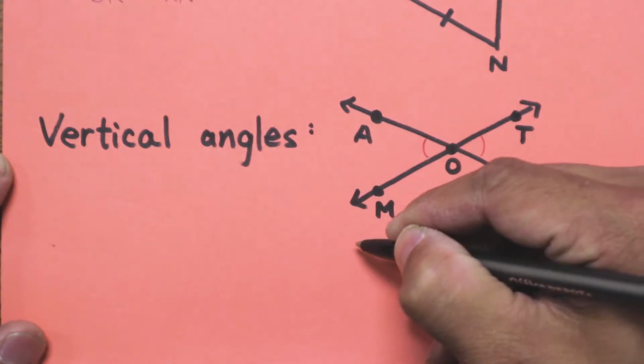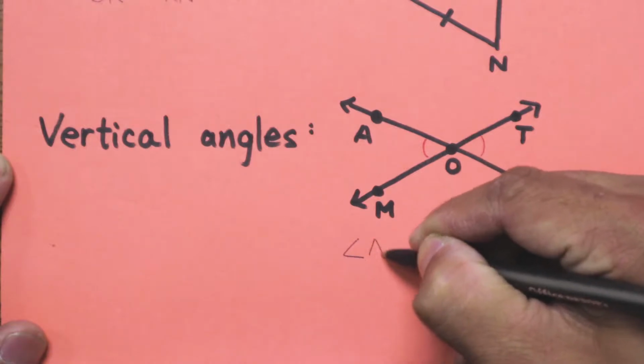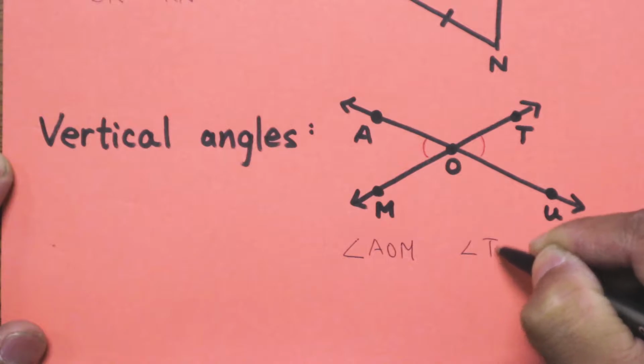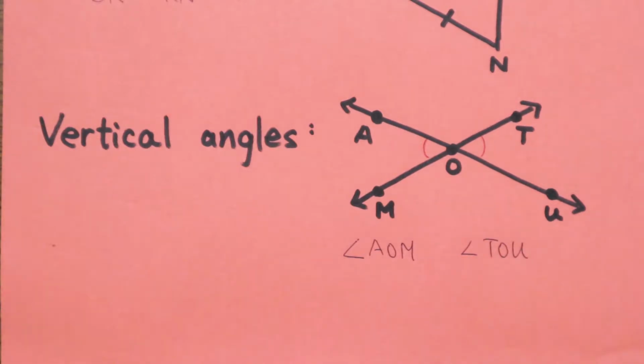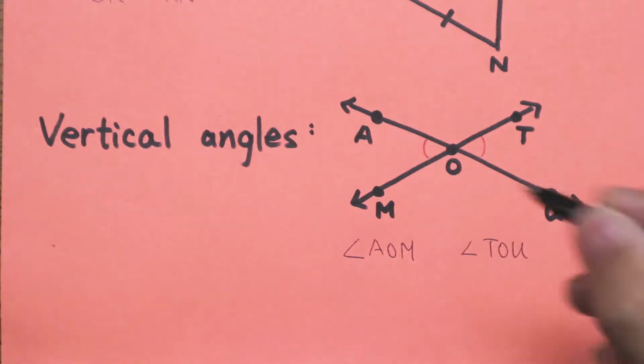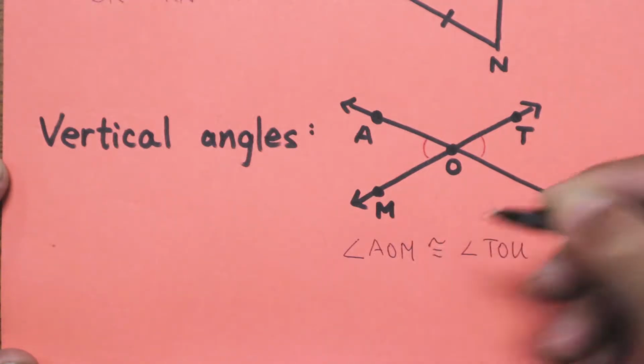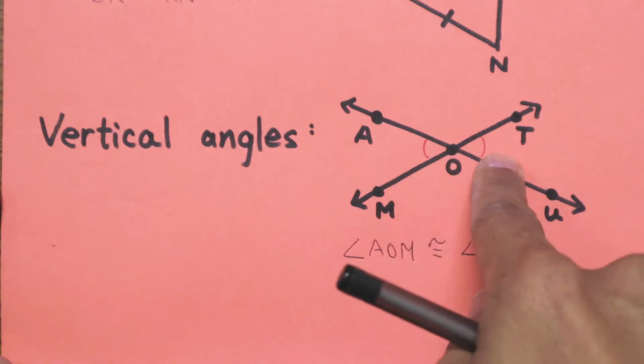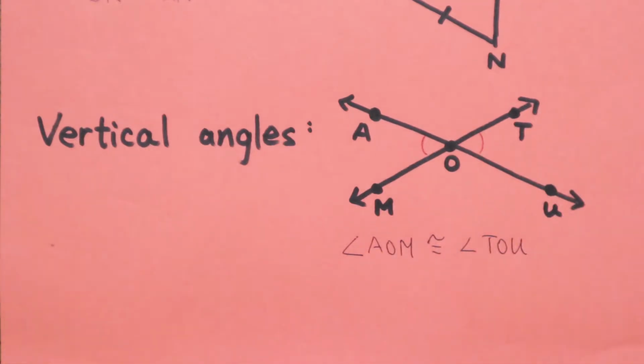And in the past, you also have learned that vertical angles are always congruent. So we're going to put a congruent sign in the middle. For example, if this angle is 30 degrees, then this angle is also 30 degrees.